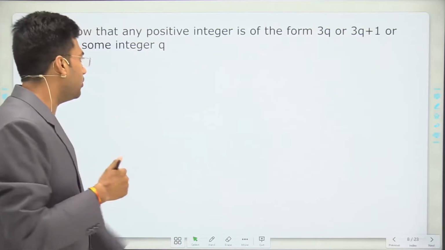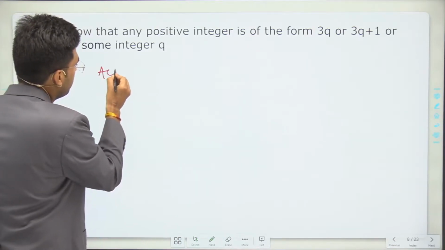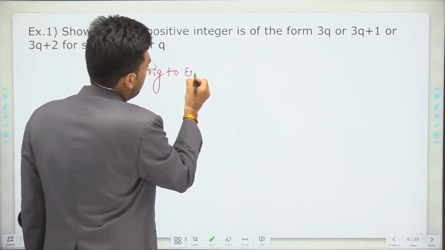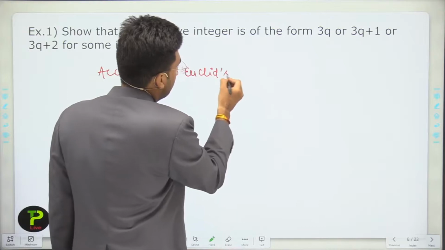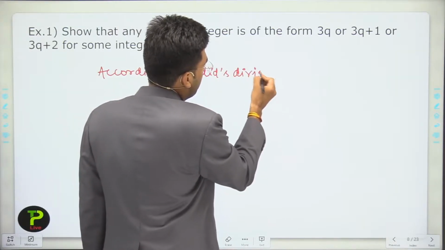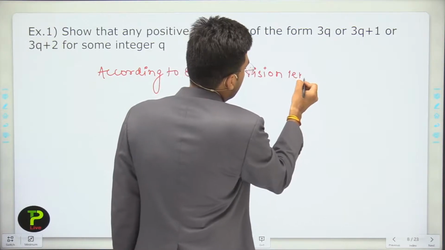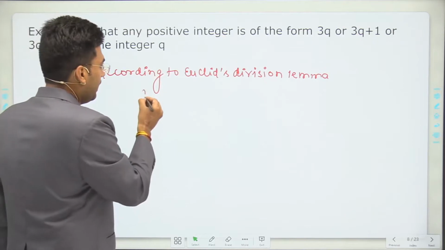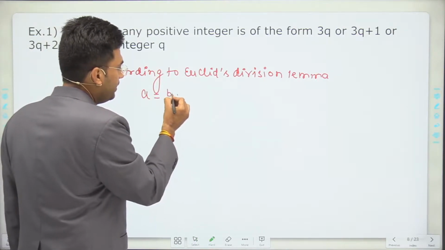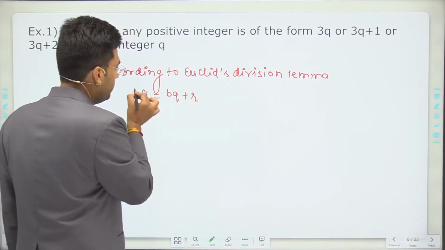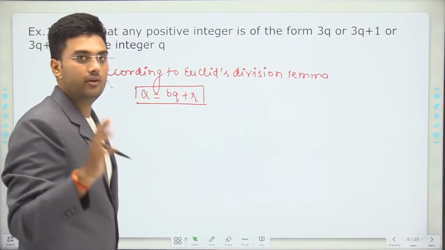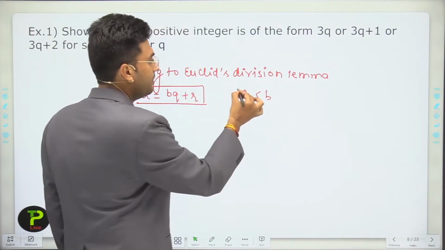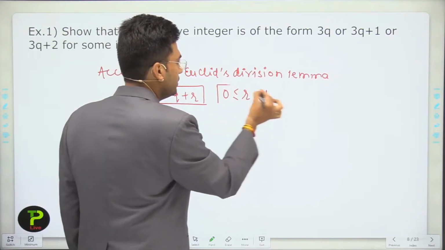So dear student, according to Euclid division lemma, any positive integer can be written in the form a is equal to bq plus r, where r is always less than b but greater than or equal to 0.